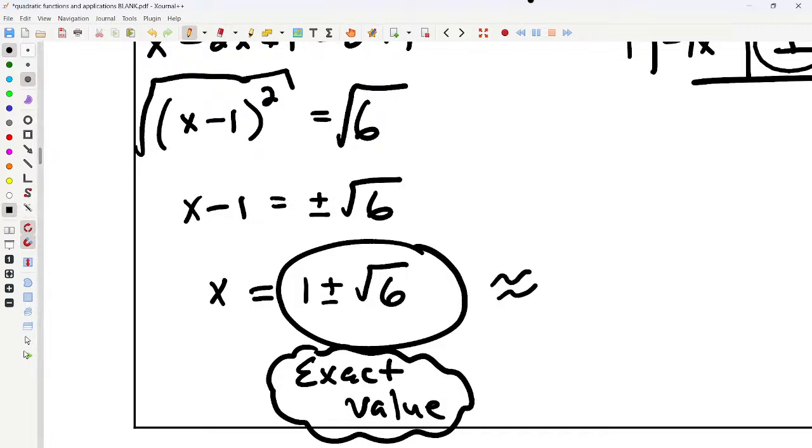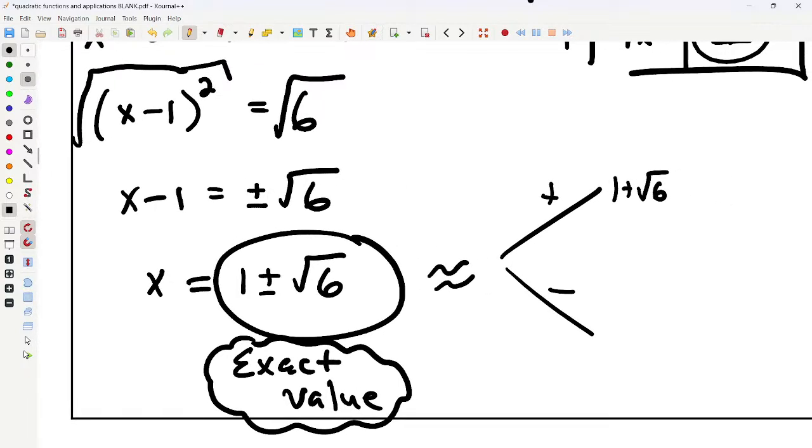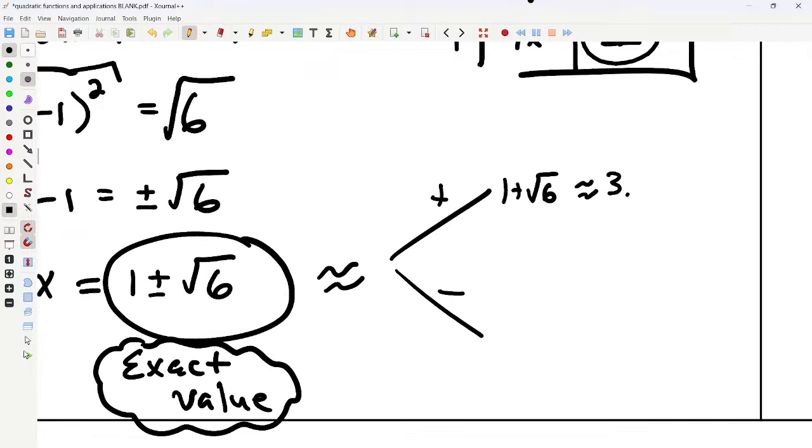In at least one question, it will say to give the approximate solution to 4 decimal places. So turn to a calculator. 1 plus the square root of 6 is about 3, and I know it asks for 4 decimal places, so 3.4495 after you do some rounding.